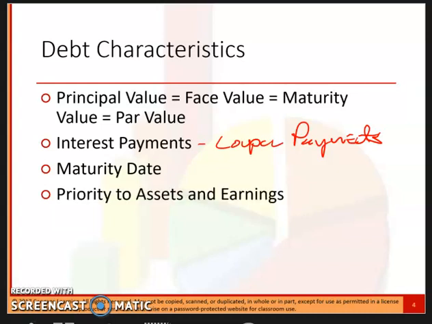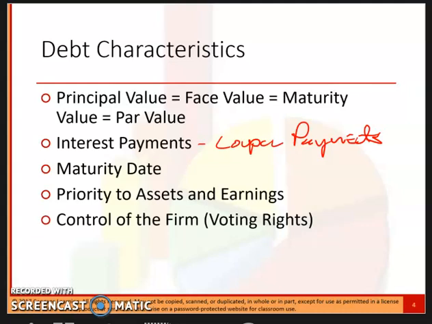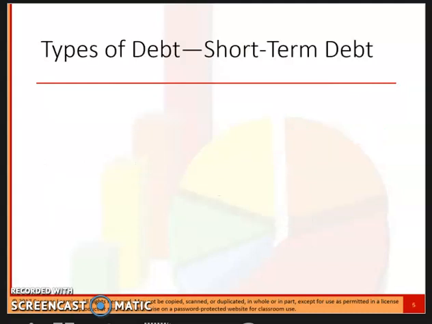Priority to assets and earnings, the bonds or debt typically falls in front of equities, the stocks, and preferred stocks. And then finally, control of the firm. Bonds rarely ever have voting rights, I'm not aware of any that do. There are convertibles that can be converted into common stock, but those do not have voting rights until you convert them into the common stock.